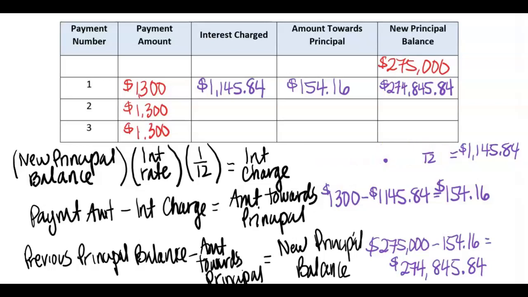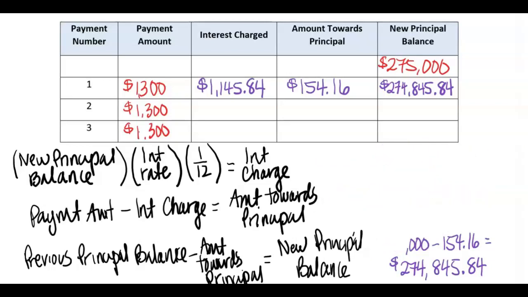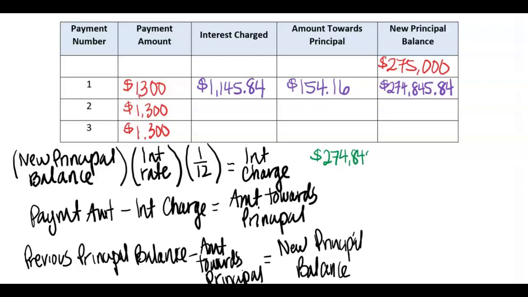Now we use the same process for the second line of the amortization schedule. So our new principal balance will be $274,845.84. The interest rate again in decimal form would be 0.05 times 1/12.